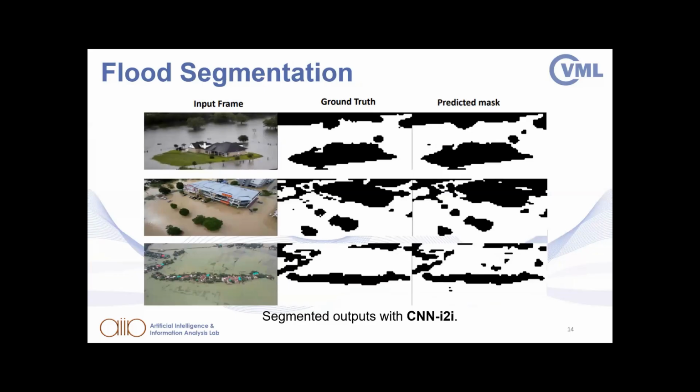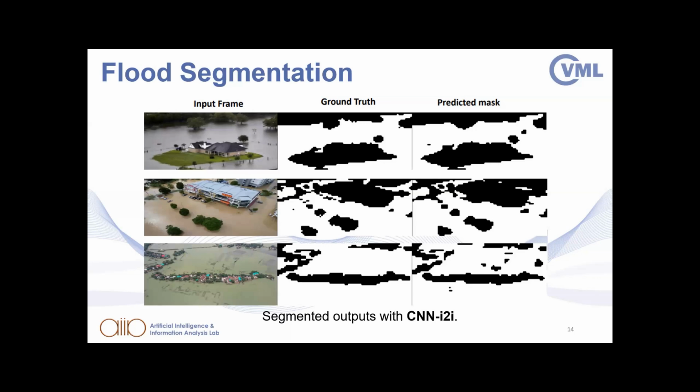These are the segmentation outputs generated by one DNN model, which is named CNN image to image. I think, as Dimitri said in the previous presentation. The left column is the input image, which are the original flood images. The middle column is the ground truth, which are manually labeled segmentation masks, which serve as the reference or the correct answers for evaluating the model.